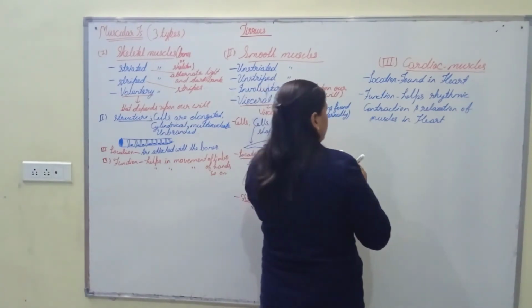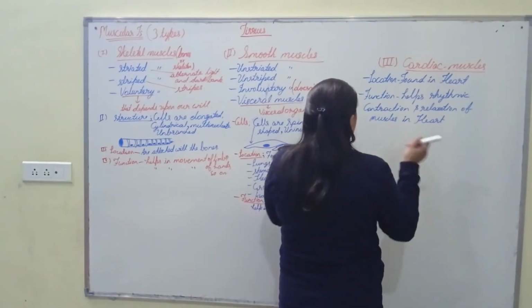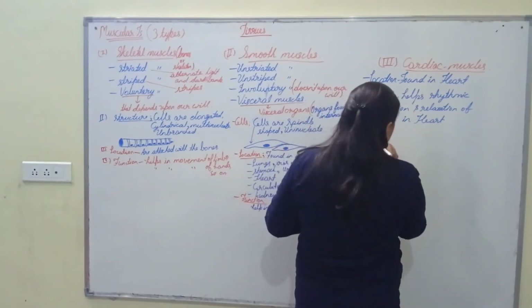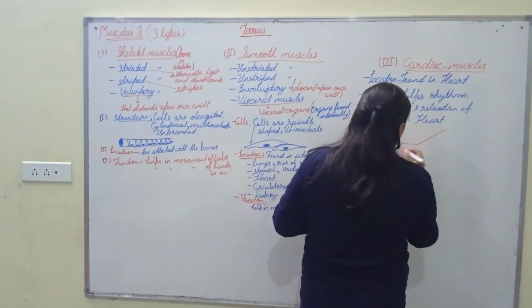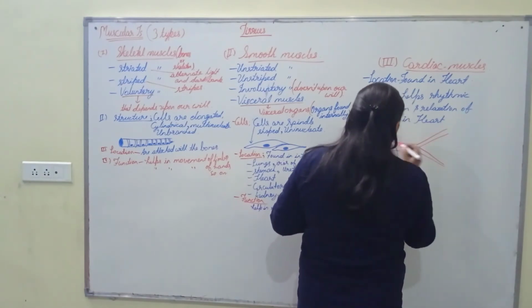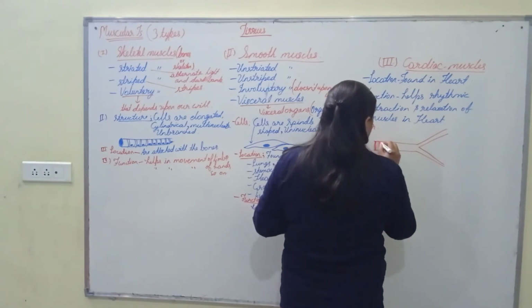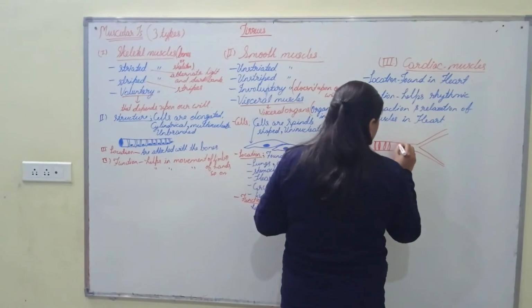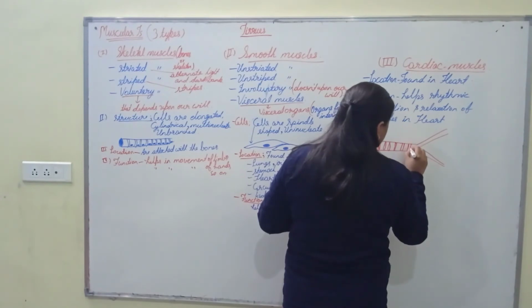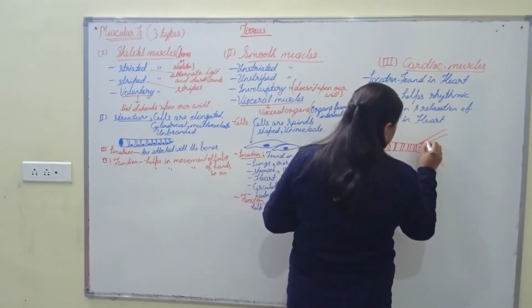Next, if we talk about the structure, these are branched and also have striations and stripes.